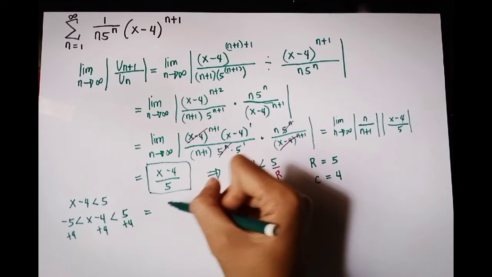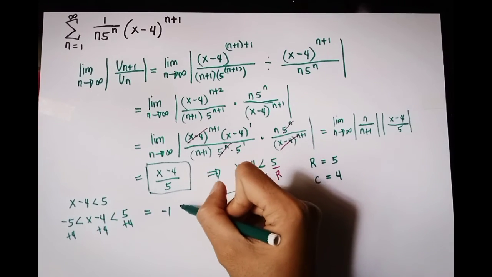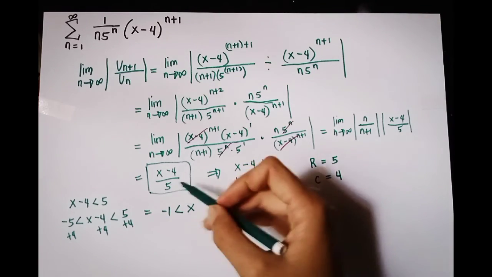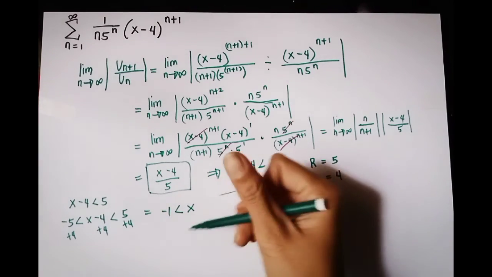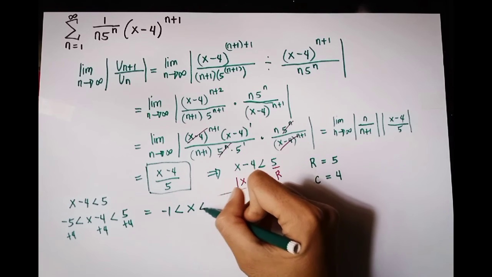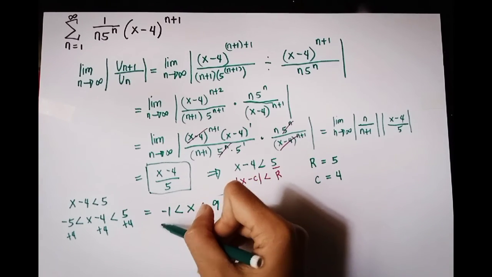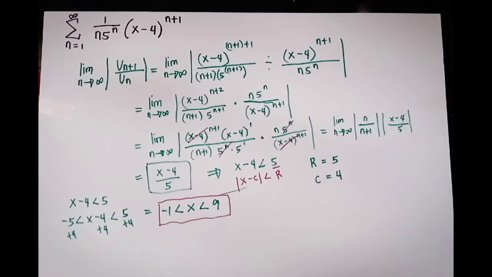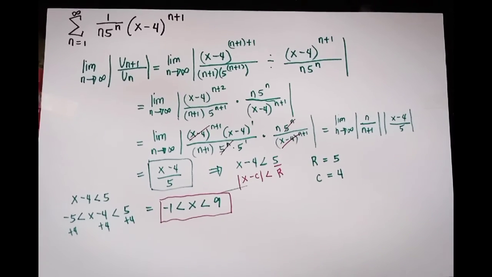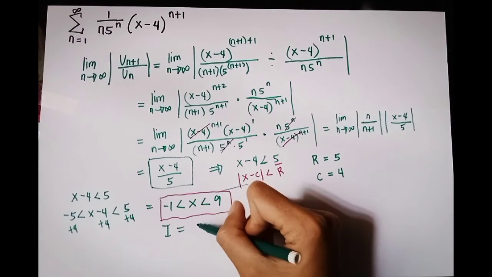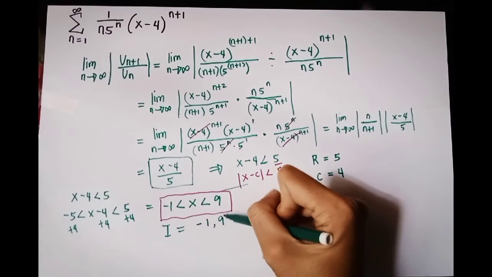Negative 5 plus 4 is negative 1, negative 4 plus 4 is 0 so we only have x left, and 5 plus 4 is 9. So negative 1 less than x less than 9 is our interval. Therefore, the interval here is negative 1 to 9.